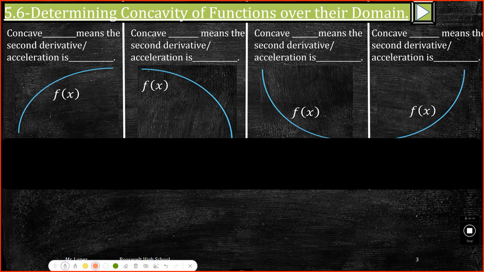How can we really in some way remember it without trying so hard as to when is it concave down and when is it concave up?